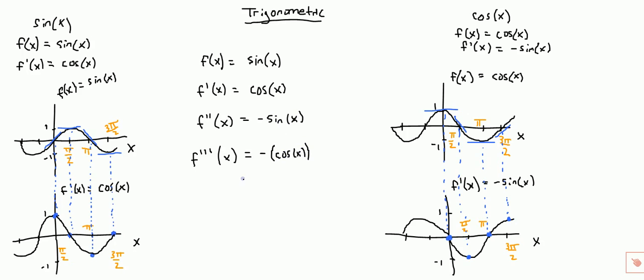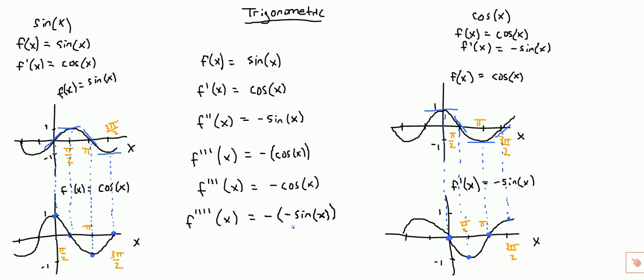Okay, so I will rewrite that here. The third derivative is negative cosine. Okay? And then if we take the fourth derivative, again, we leave the negative sign alone, and we take the derivative of cosine of x. We know the derivative of that is negative sine of x.